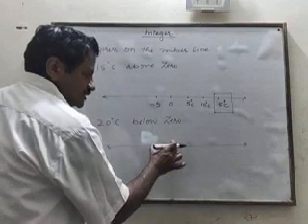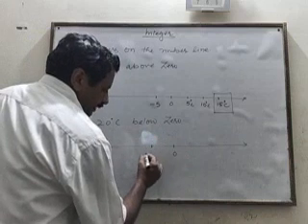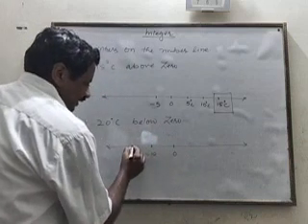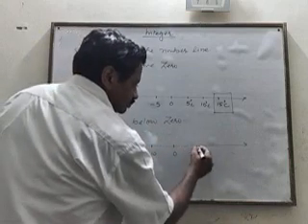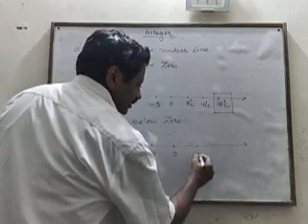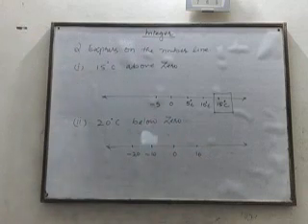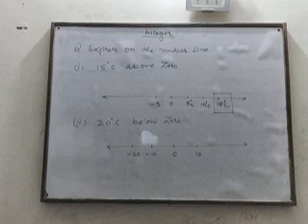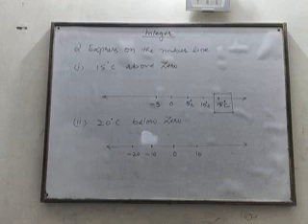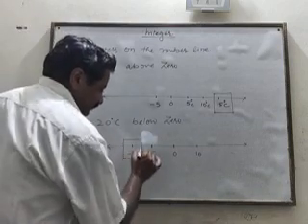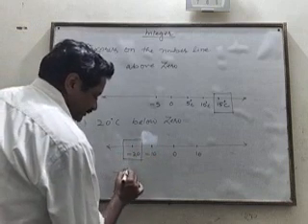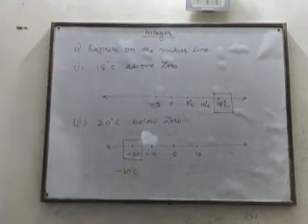With equal distance, I am taking here minus 10, minus 20, plus 10, taking one value to the right side also so that the number line makes some sense. And 20 degrees below 0 means minus 20. So this will be my representation, minus 20 degrees Celsius on the number line.